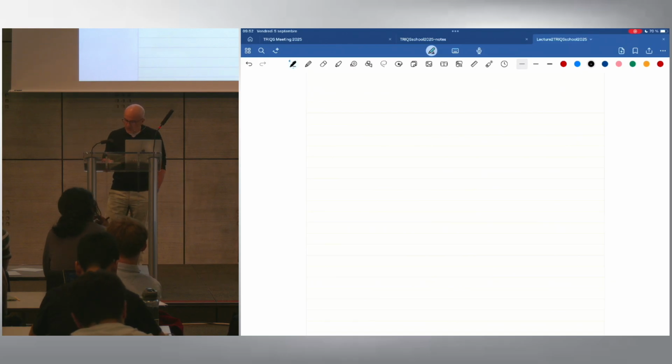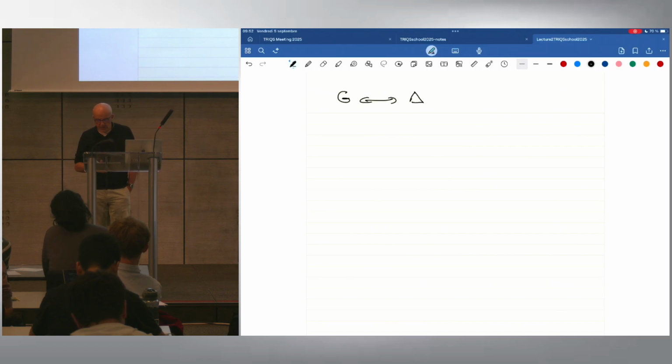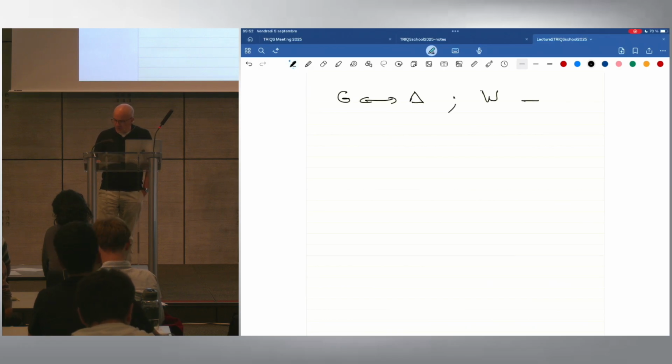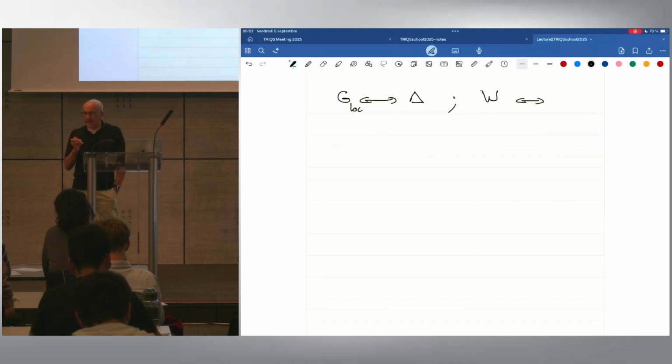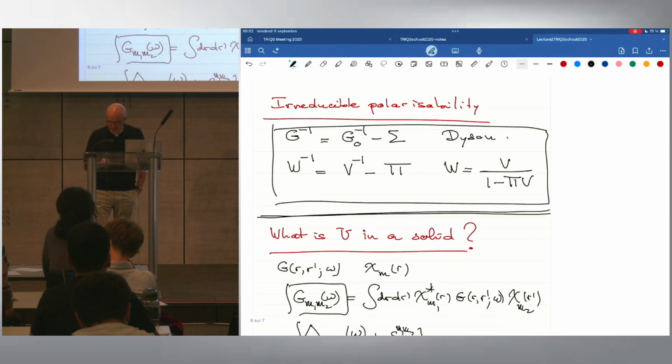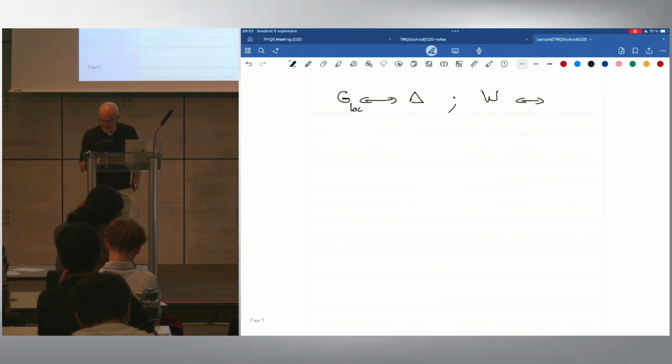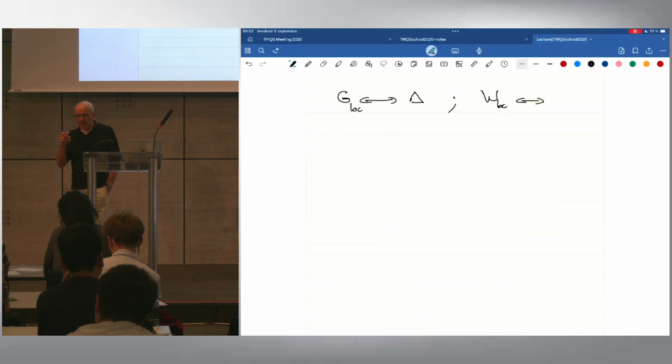One is the usual delta conjugate to G, plus the level position. But the other one is going to be the conjugate object to my, so I call this G local. G local is a shorthand for the projection of G onto the correlated subspace. And W local is similarly a shorthand for the projection of W on the correlated subspace.